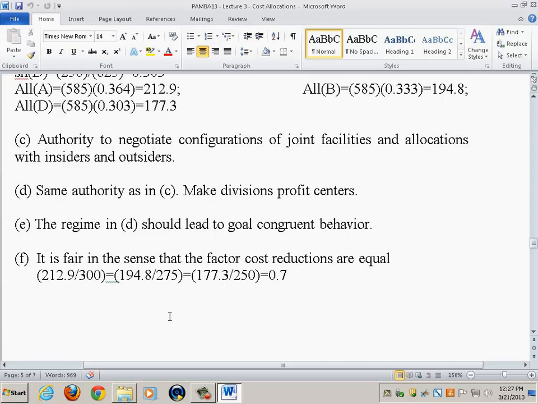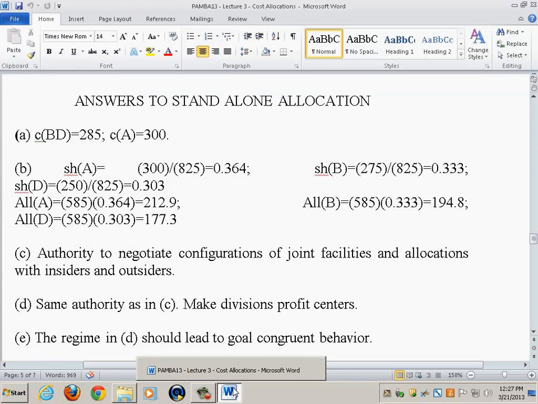So now, of course, going to the other questions, what you could say is either you mandate the allocation or you let them negotiate and figure out the best configuration and allocation on their own. So that looks conceptually more logical and more attractive than the other systems, this standalone allocation method.